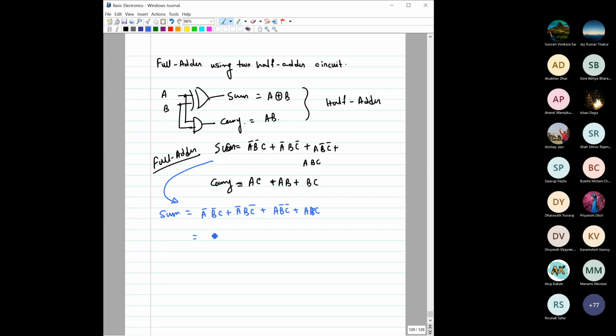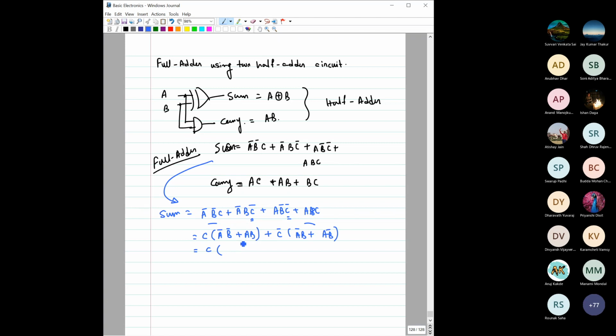Let us try to do some manipulation here and see what we can do. Let us take this term and this term, and take C common. So it becomes A bar B bar plus AB, right? And from here, let us take C bar common. So it will become A bar B plus A B bar, right?